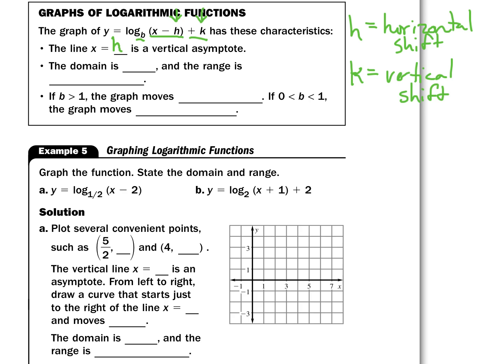So our logarithmic functions always have a vertical asymptote at x equals h, whatever that horizontal shift was. The domain is x is greater than h, so x is all values greater than h, so now we have a limited domain, and our range is all real numbers.